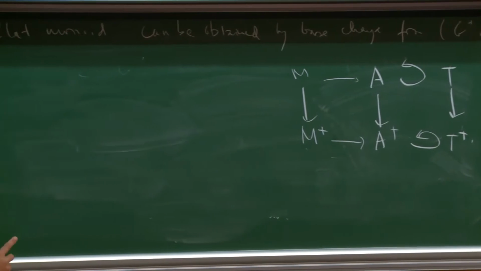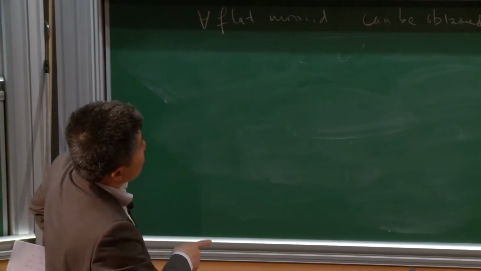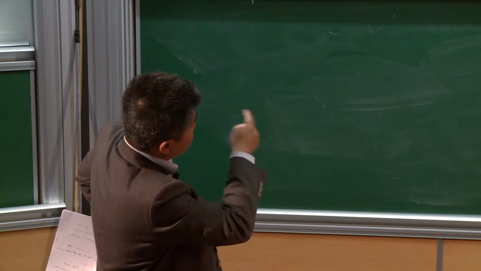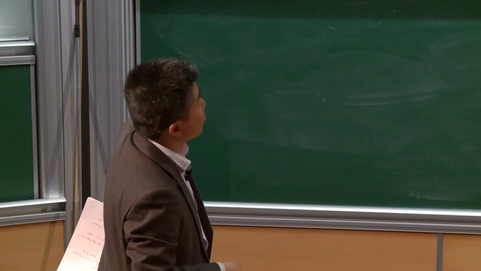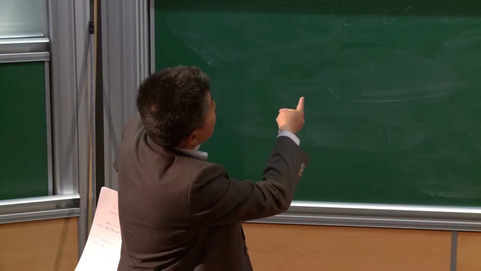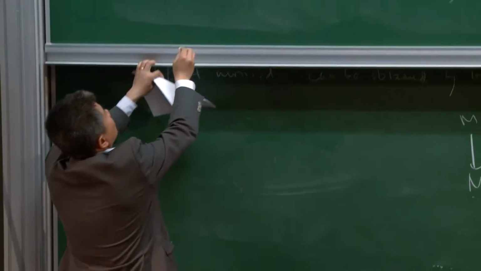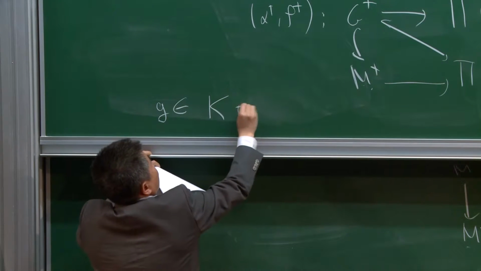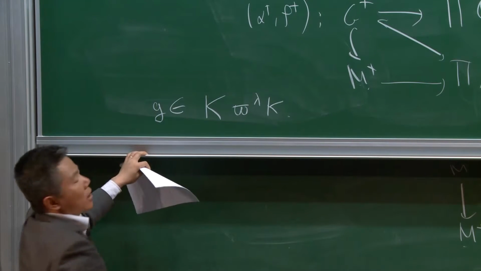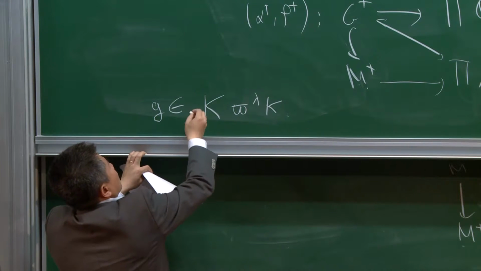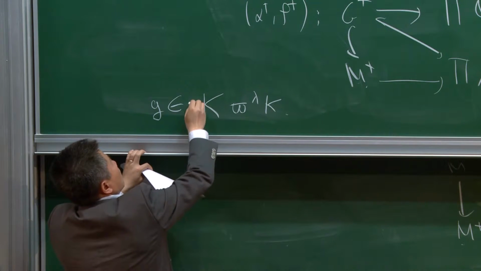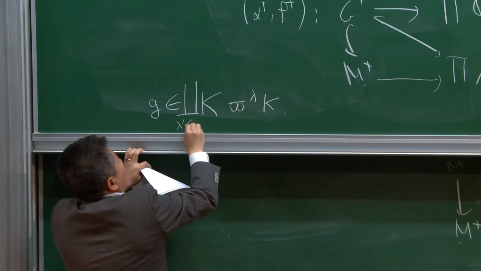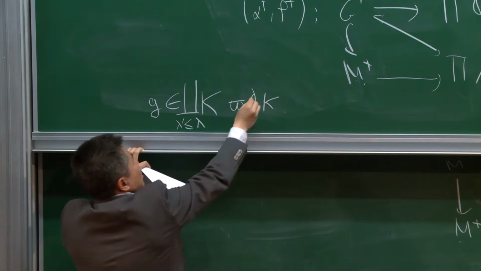So now I want to take one minute to explain why this has anything to do with the Hecke algebra and Cartan decompositions. It clearly has something to do because, for example, if you want G to be in K_P lambda K, maybe it's easier to write a condition if you want to look at the union over lambda prime less than lambda in the dominance order.